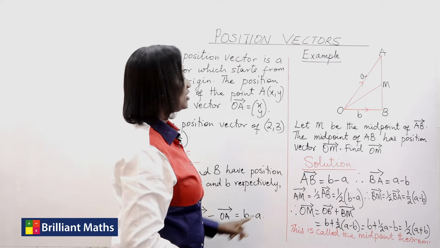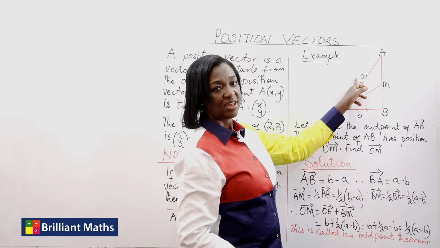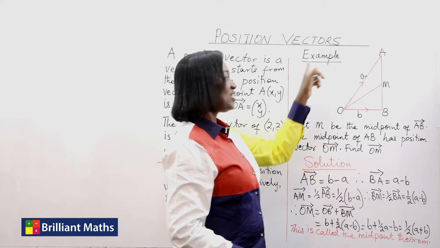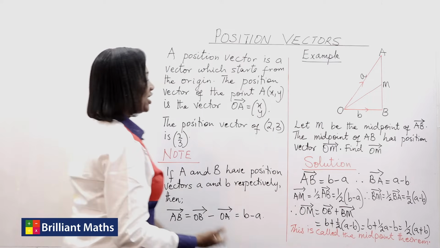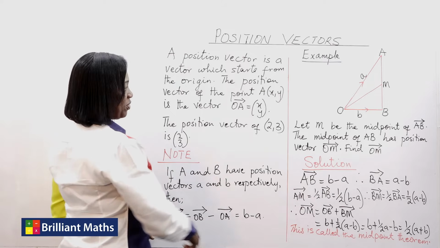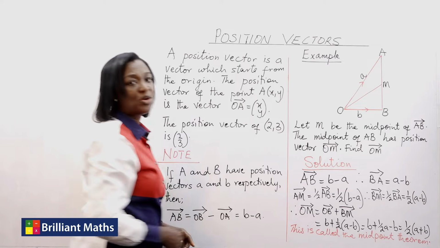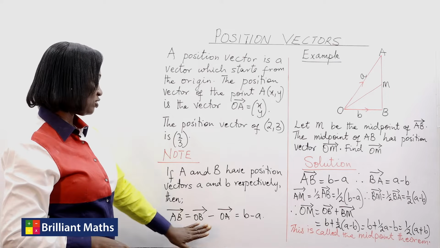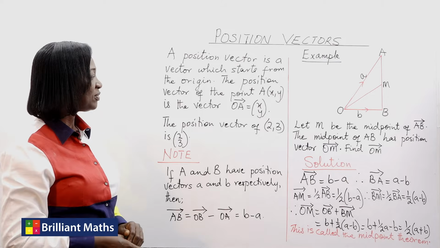Do you get that? OA is A. But minus A will be minus OA. So that we can say that AB is OB minus OA. So take note of that. That's very important. You need this to work with vectors.